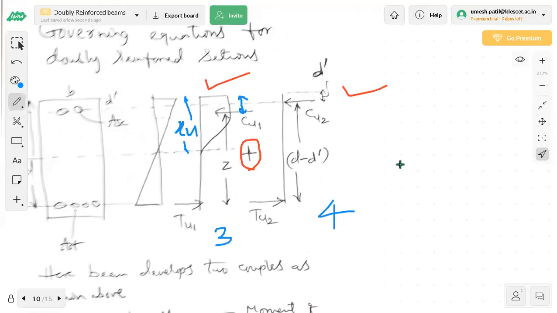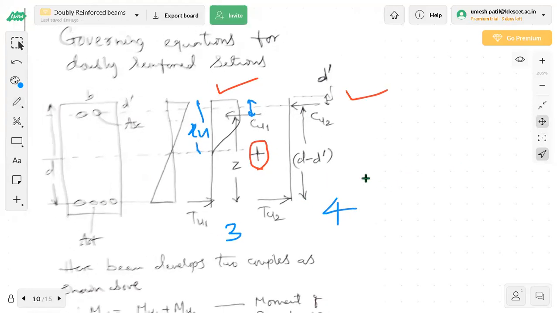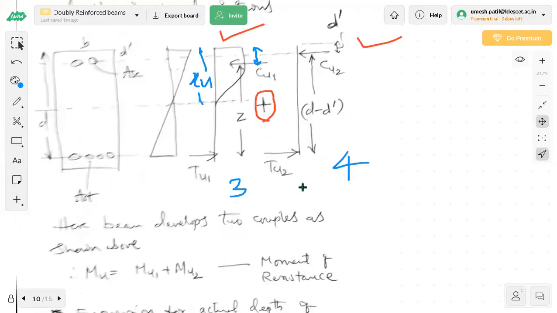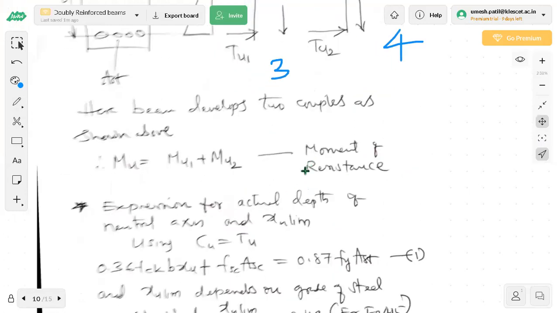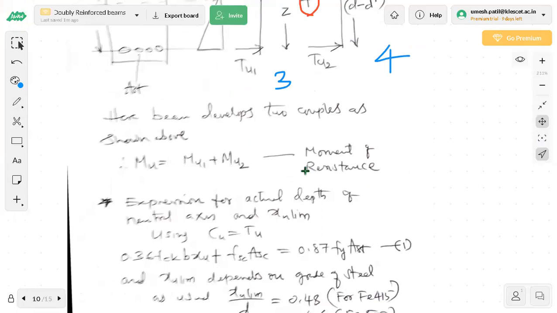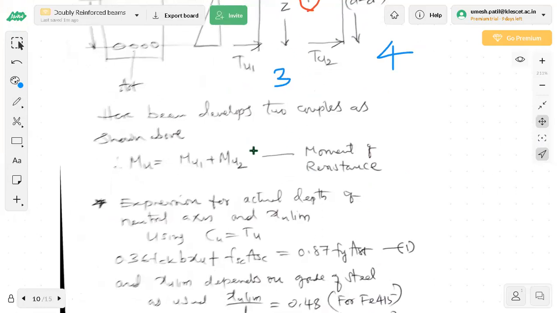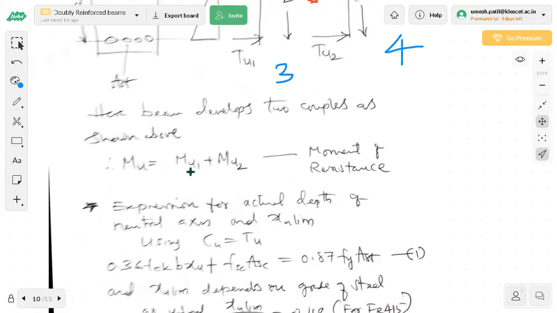So this is how the formation of two couples takes place in doubly reinforced sections. Now the beam develops two couples as shown in the above 3 and 4 figures. You have to add these two. So therefore Mu is equal to Mu1 plus Mu2.